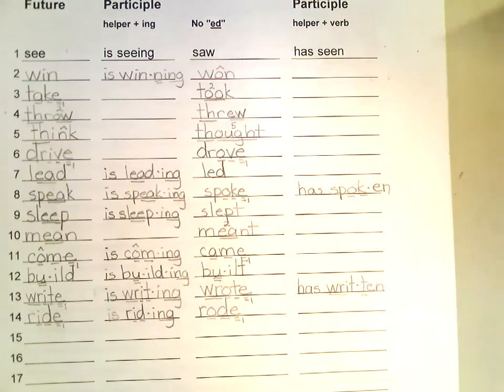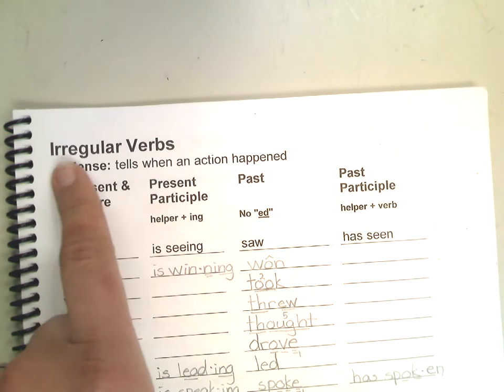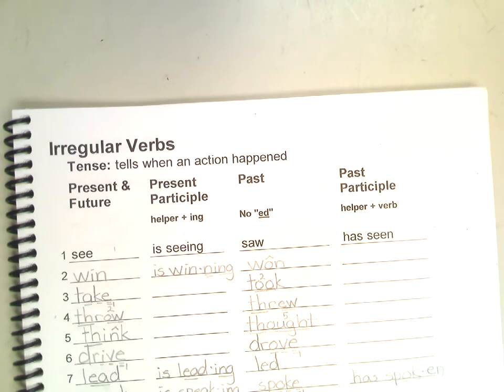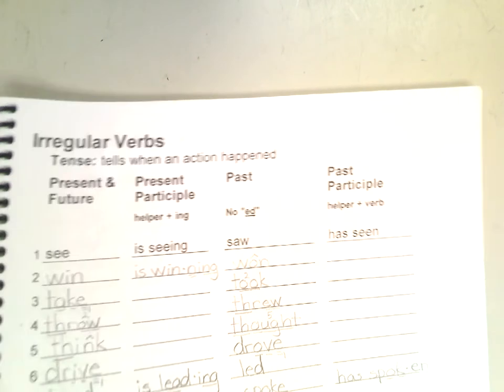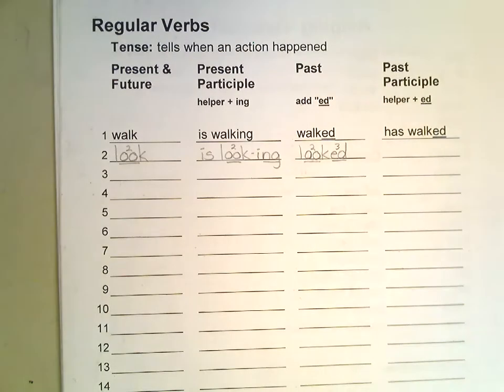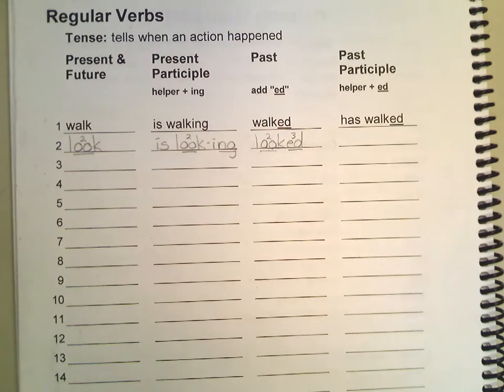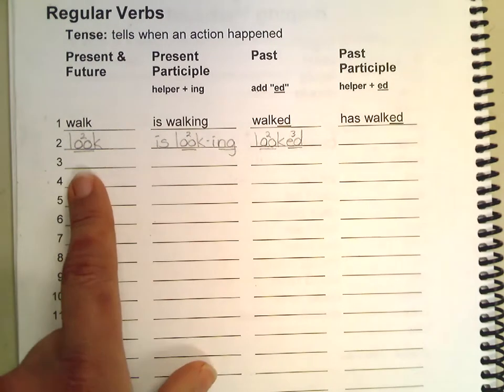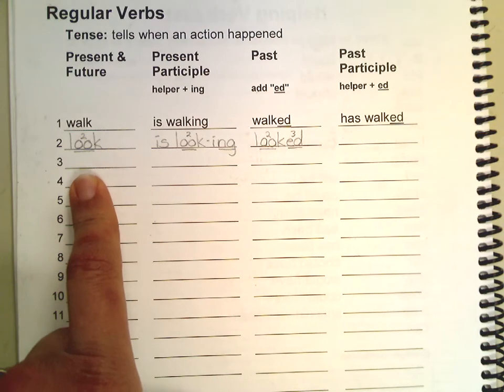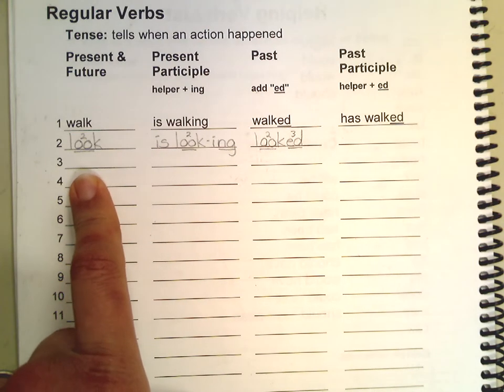All right, studied. So that means that study is not an irregular verb. It's what kind of verb? Good, it is a regular verb. Oh my, we don't have very many in here yet. Good thing we get to add another one. All right, so in our first column, we're just going to write our base word, study.